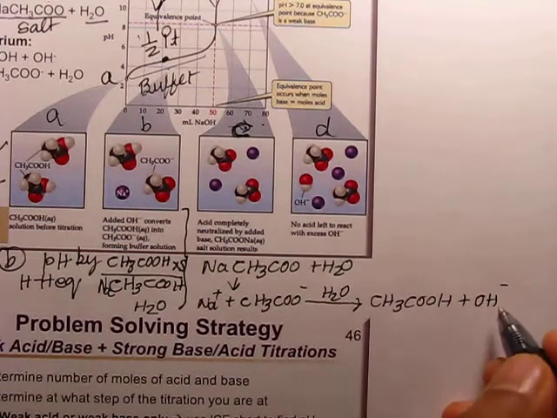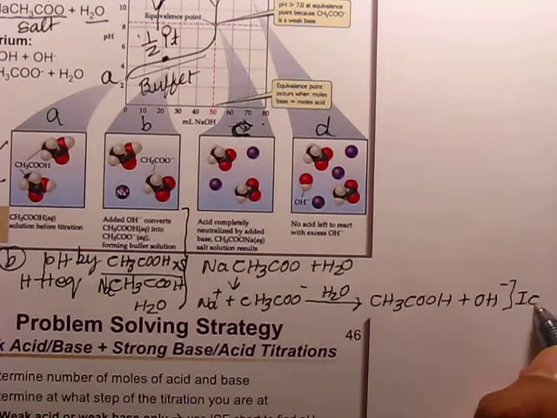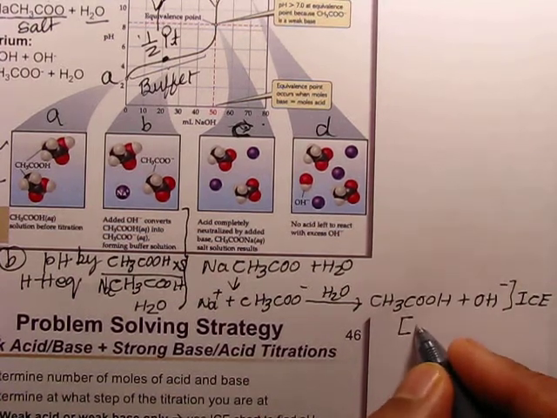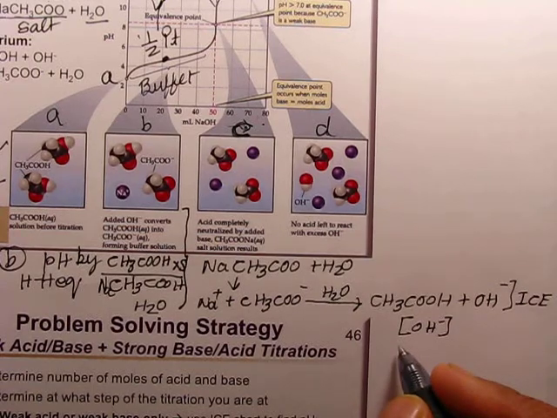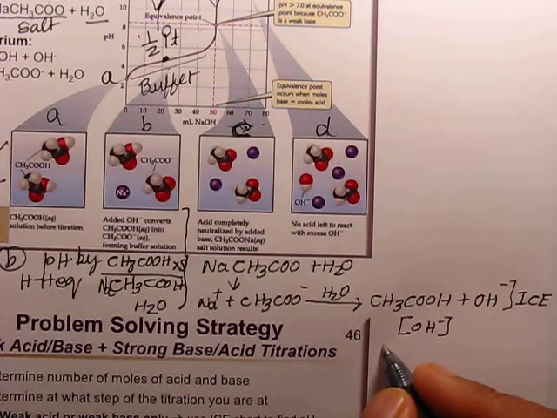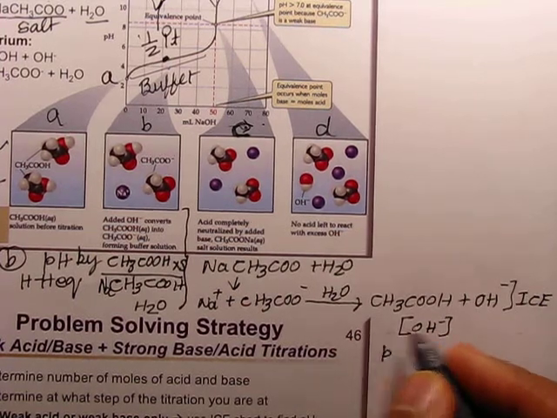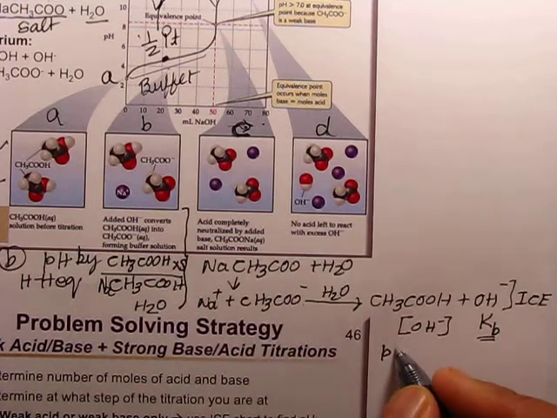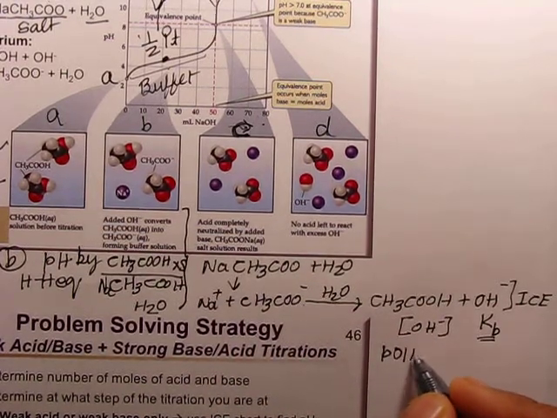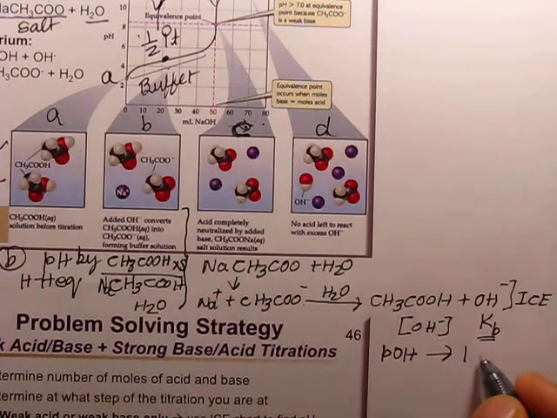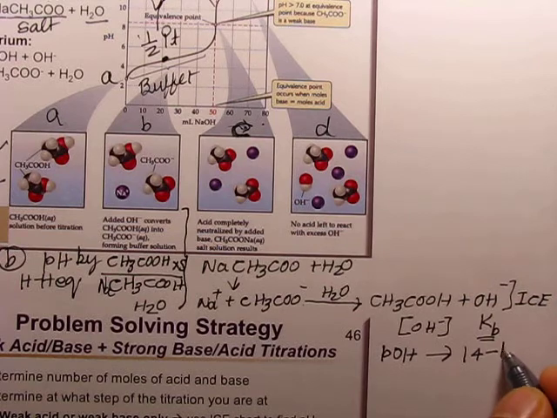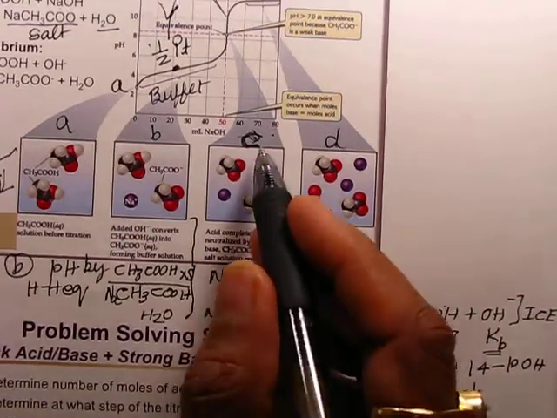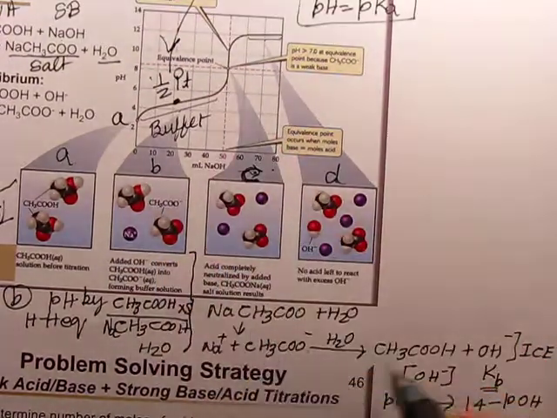So we will use an ice chart to find the concentration of OH. Once we know the concentration of OH, using Kb because this is the base, we can take the pOH. Once we get the pOH, we subtract it from 14 to get the pH. So this is the way to calculate the pH at the equivalence point.